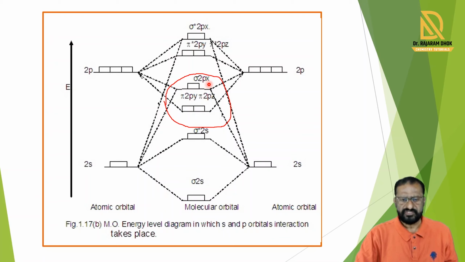So you remember this carefully because it is very important to draw the diagram, and when we draw the diagram for different molecules, then we have to consider the interaction between s orbital of first atom and px orbital of second atom, and accordingly we have to show the energy levels of those molecular orbitals.